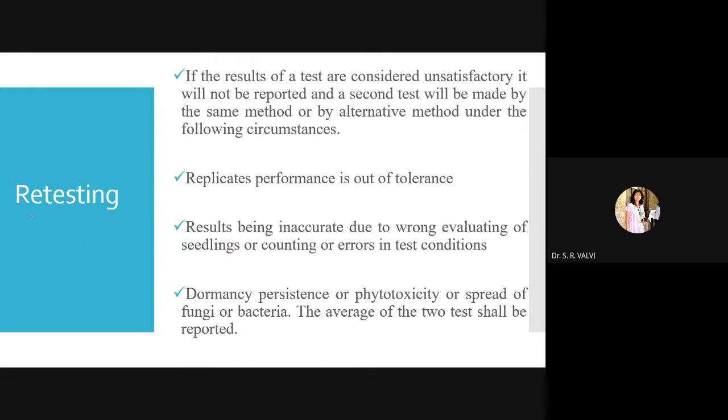Now suppose you have done all these things, then when you have to do retesting, see here, if the results of the test are considered unsatisfactory, it will not be reported and a second test will be made by the same method or by an alternative method under the following circumstances.